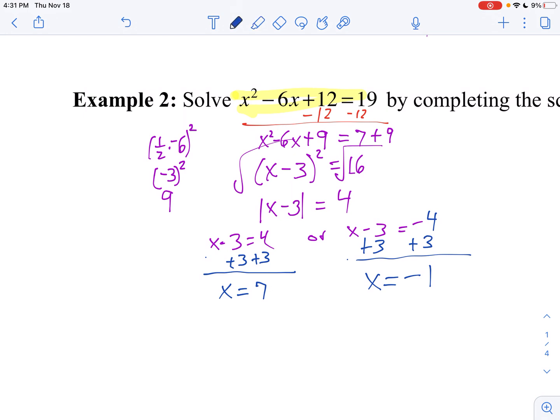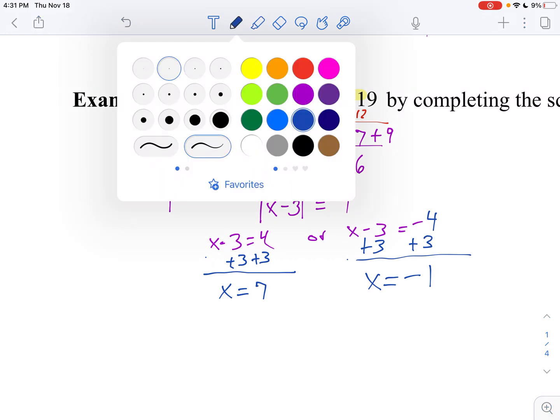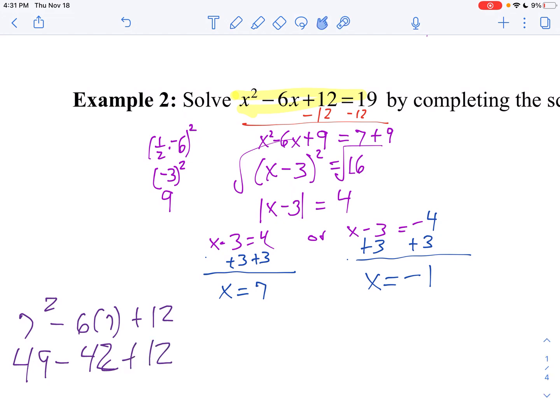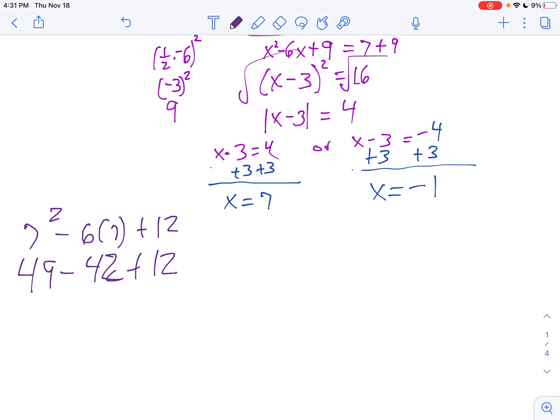So if I go 7 squared minus 6 times 7 plus 12, do I get 19? Well, 7 squared is 49. 6 times 7 is 42, plus 12. Well, 49 minus 42 is 7. 7 plus 12 is 19.